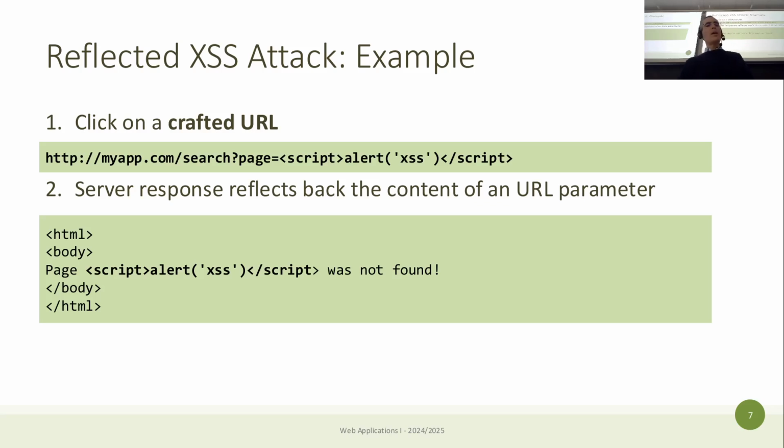Okay, and so the browser, in this case, executes some code because I decided to say, okay, I pass a request for a page that does not exist, and the server replies telling me that the page with that name that has been passed does not exist.